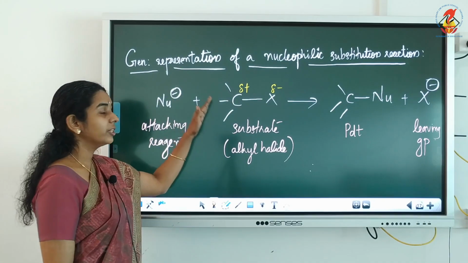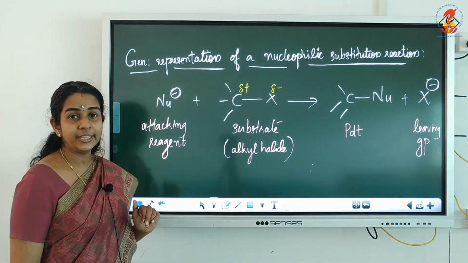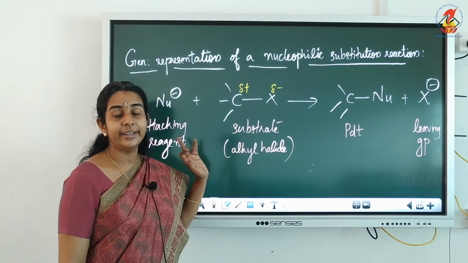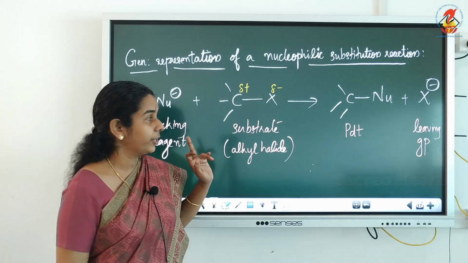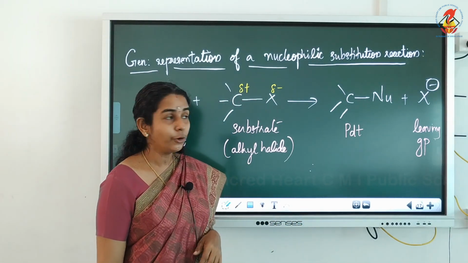And on this substrate, what will be attacking? Nu minus, that is a nucleophile. So, the nucleophile is the attacking reagent, and it will attack the substrate or the reactant molecule. Here the substrate is an alkyl halide containing a C-X bond. After the attack by a nucleophile, what happens?